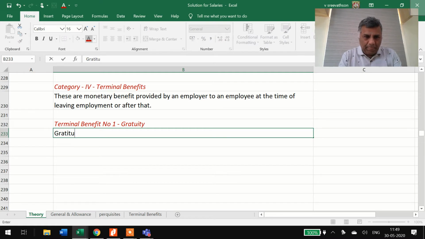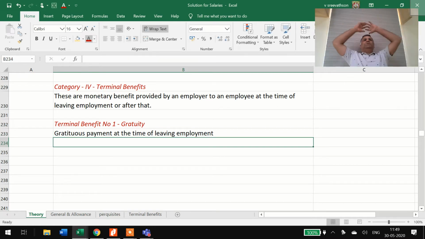Gratuitous payment at the time of leaving employment. That's what is gratuity.